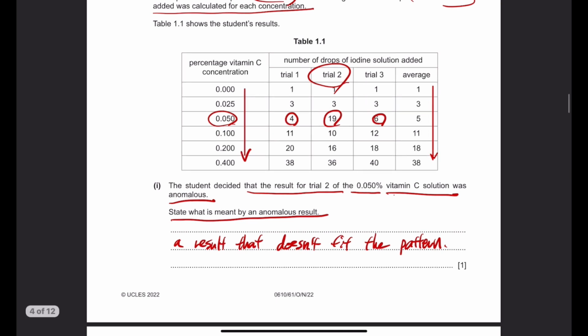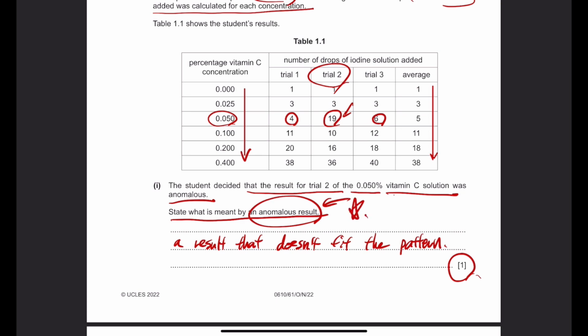So this is what we call an anomalous result. This type of question comes out quite often, so you have to know what an anomaly is. That's going to give you 1 free mark. So keep that in mind.